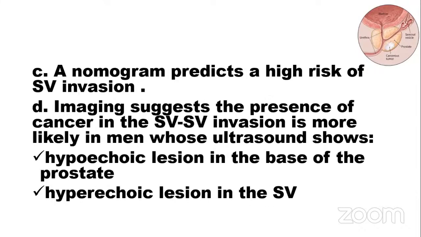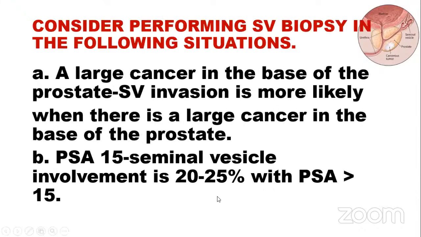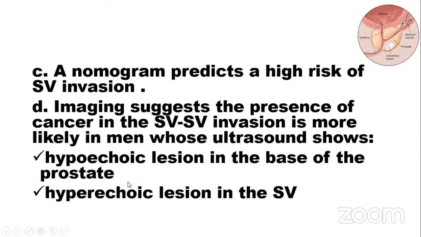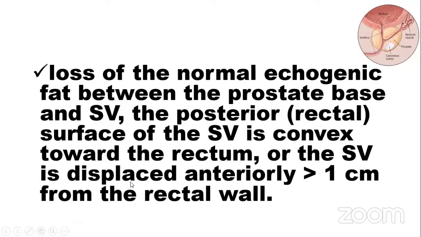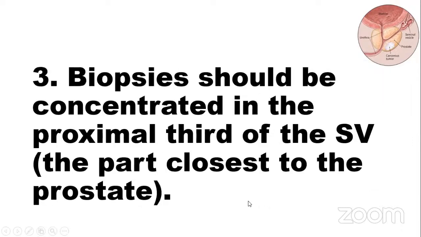It is common that the seminal vesicle involvement is 20 to 25% with PSA of 15. And also we mentioned that usually the site of invasion is displaced anteriorly more than 1 centimeter from the rectal wall.